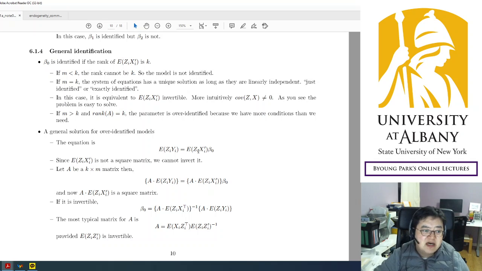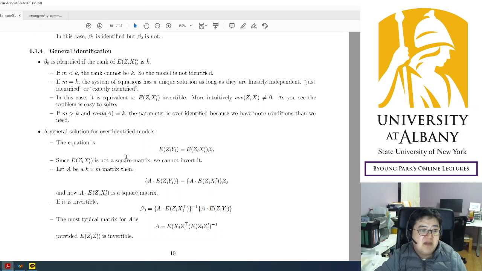However, it is not possible in the over-identification model, because this matrix is not square. It is in general k by m, and k and m may be different. M is greater than k.